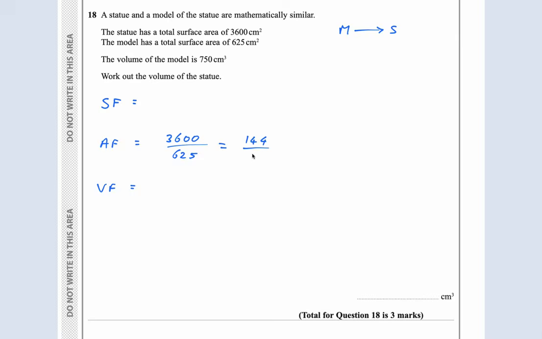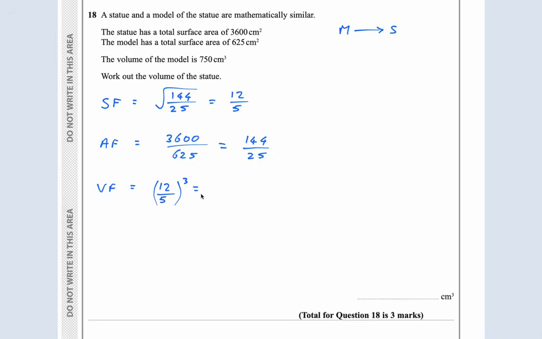Now that's a nice number, guys, because to get the scale factor, I square root that. And the square root of 144 over 25, you might know, is 12 over 5. You can use your calculator, guys, but square root of 144 is 12, square root of 25 is 5. Okay, and then to get the volume factor, I cube the scale factor.